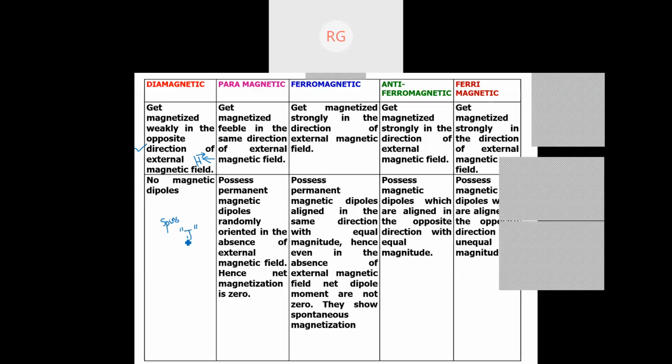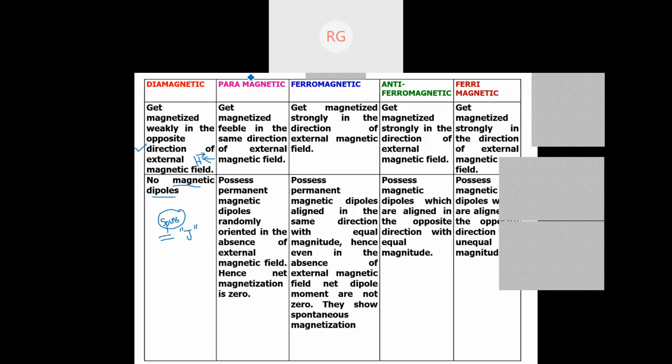How the total magnetic moment is aligned within the substance is important. Therefore, we say there are no spins at all in diamagnetic materials. This spin is the spin of the magnetic moment, how it is aligned with respect to the applied field. Here there are no magnetic dipoles at all.